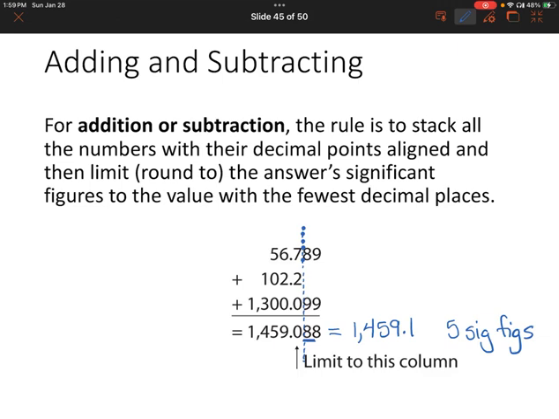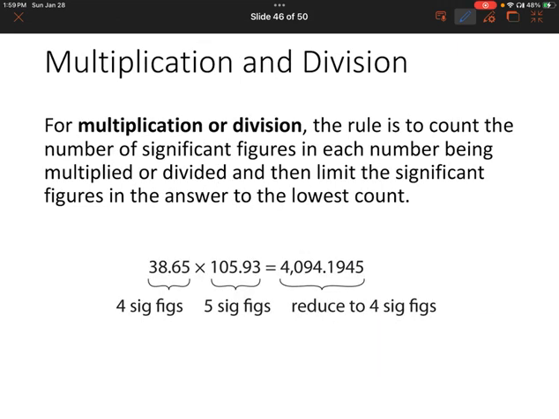Now, what if we're multiplying or dividing values? So the rule for multiplication and division is to count the number of significant figures in each number and then limit the significant figures to the lowest count. So down below, let's say we measured the length of something to be 38.65 and we measured its width to be 105.93.